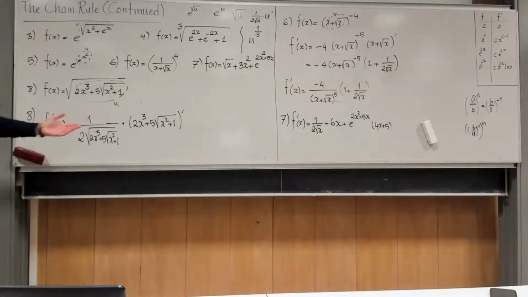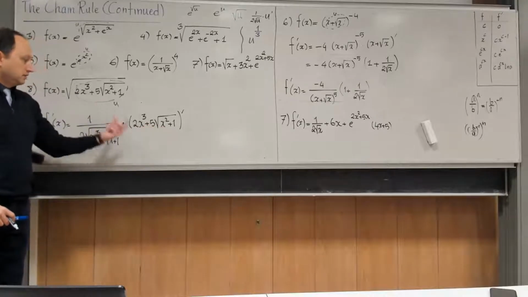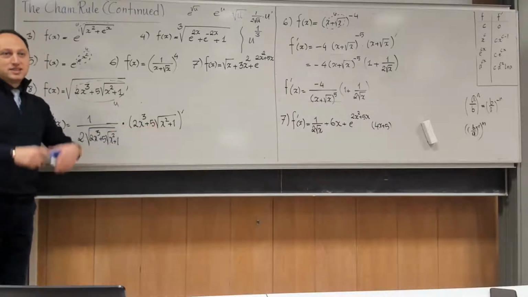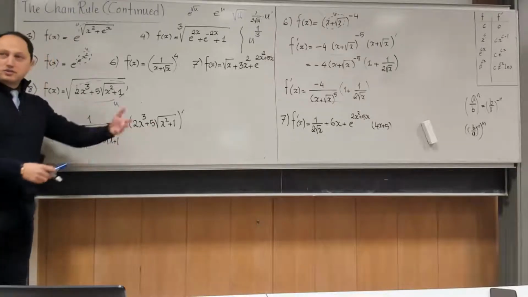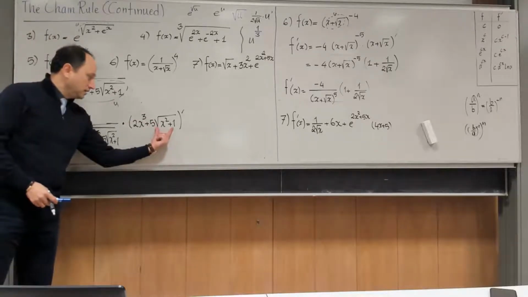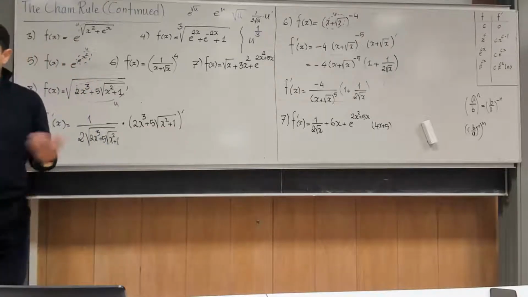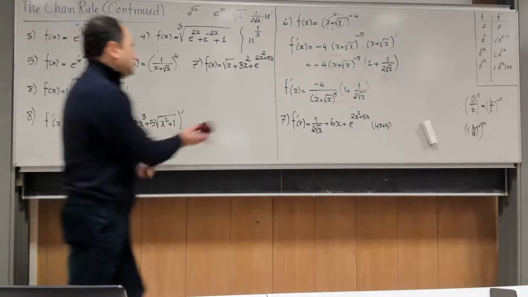Okay, now I have to apply a rule here. The first rule that I apply is the sum rule. The second rule is the multiplicative constant rule. And this one doesn't need any chain rule, but this one needs a chain rule. Yes, that's a combination. So I need to continue like this.